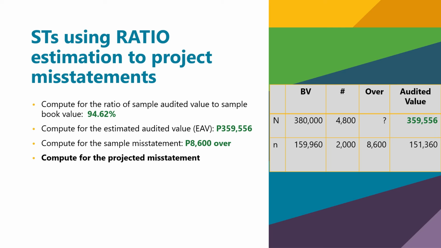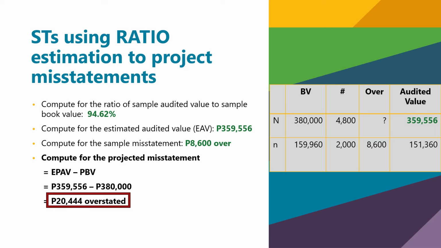It's like saying, based on the ratio that we have found in the samples, it would appear that the audited value should be 359,556, but based on the books, it's 380,000. So our projected misstatement is 20,444, which is an overstatement in the books. Again, we're saying it's an overstatement because of the results of our sample.